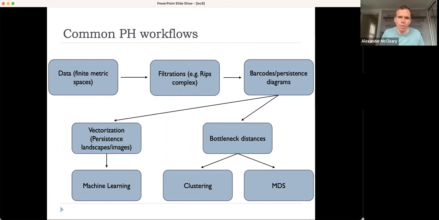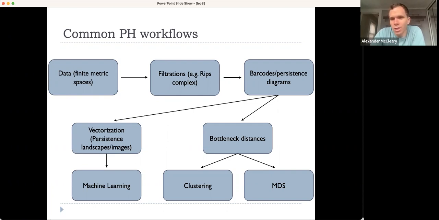And now you can stop here. This is what some people do: stop at the barcode level and have a human interpret them and try to figure out what's going on. But from here, we can also keep going and take our persistence diagrams, vectorize them, and then use those vectors for machine learning algorithms.